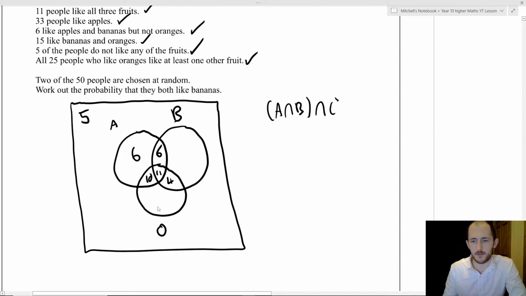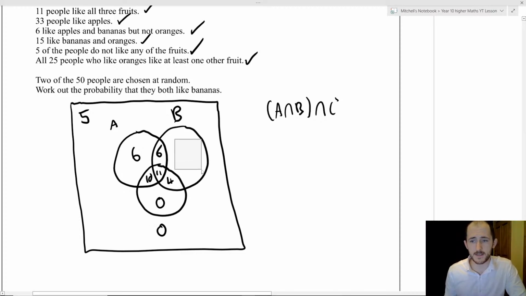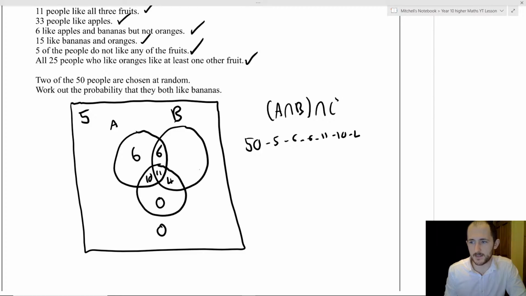Now, if you want, you can actually write a 0 in where this part is. Because again, everyone that liked oranges liked other fruit as well. So there's 0 in just the oranges. So now, everyone else needs to be in just the banana circle. So we're doing 50 minus 5 minus 6 minus 6 minus 11 minus 10 and minus 4.